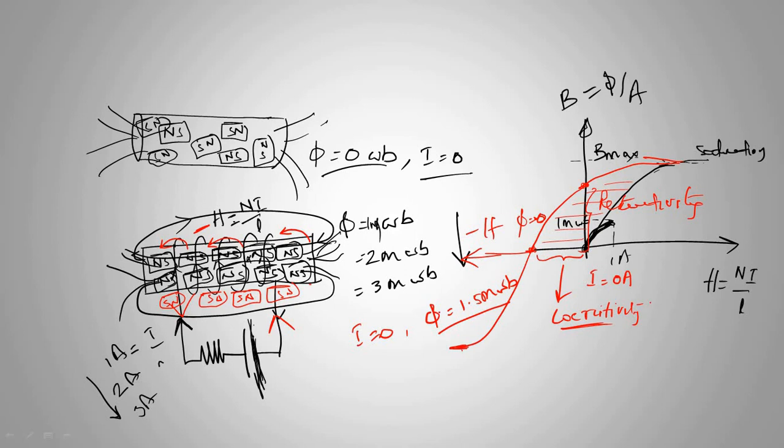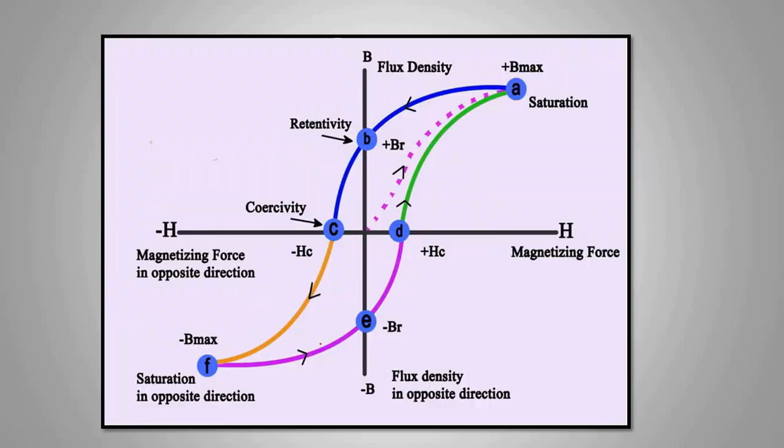That is because of the movement of the magnetic dipoles. These magnetic dipoles will not move instantaneously with respect to the input. So that's why this lag exists, that we will call hysteresis. So now you can see, this is the hysteresis.